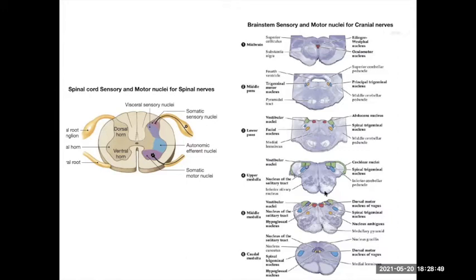These are the equivalent of what you'd see instead of your spinal nerve covering, say, the radial nerve; you'd have one covering your facial muscles in your brainstem. So there are similarities in the organization. If you really wanted to pay attention, you'd see that the motor ones are a little more ventral and the sensory ones are more dorsal. So the organization stays throughout the entire brain.